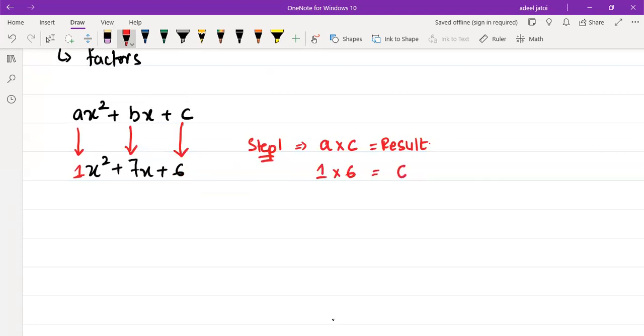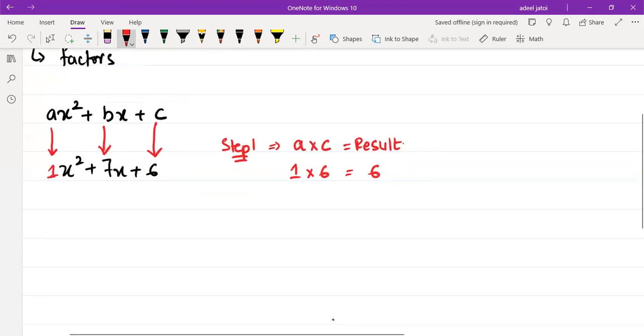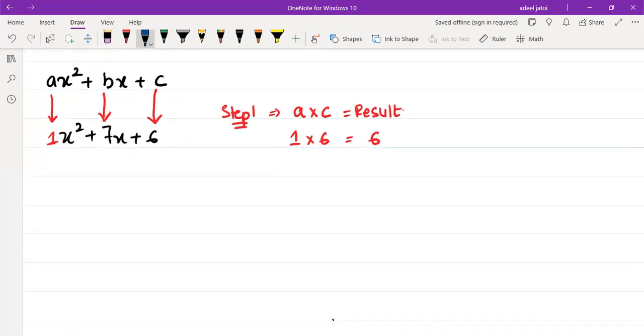So that means your result is 6. So when you get the result, we need to find out the factors of the result. Factors mean how can we divide it? The division numbers.